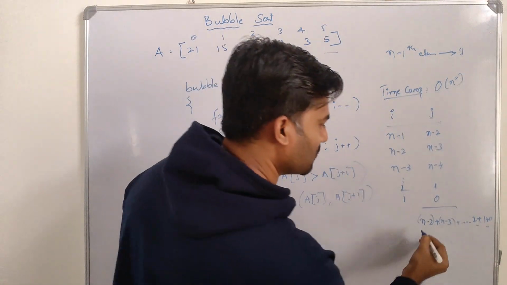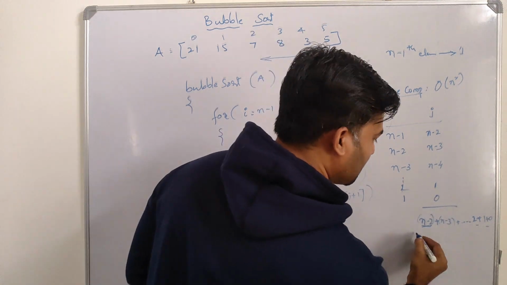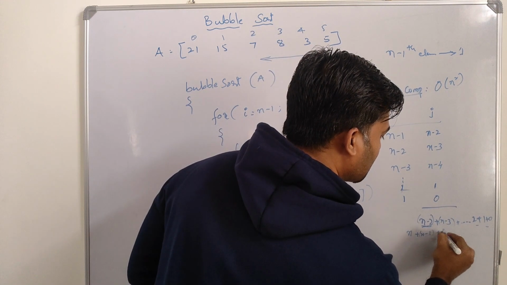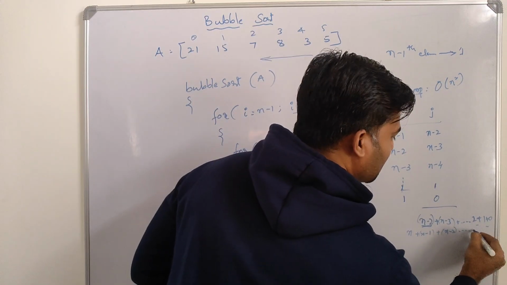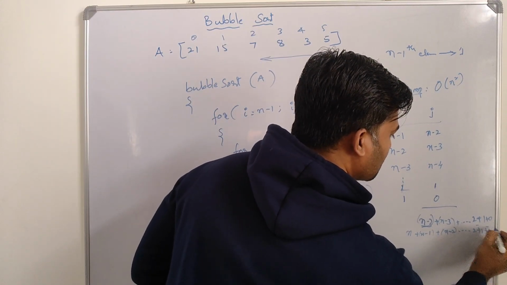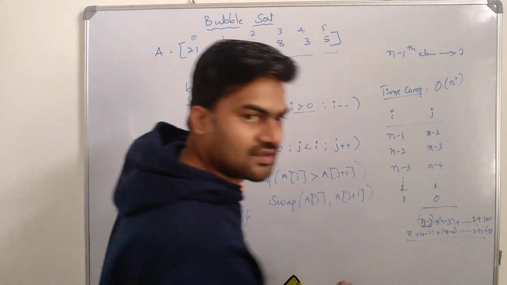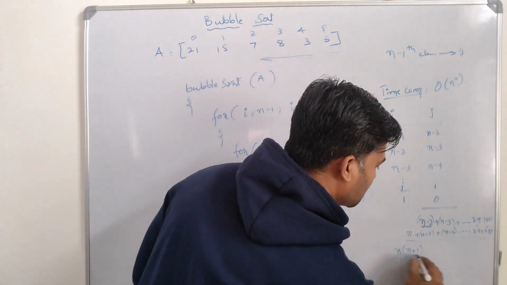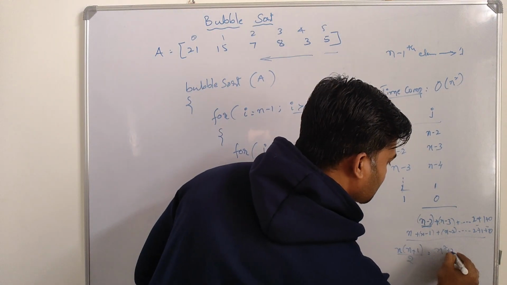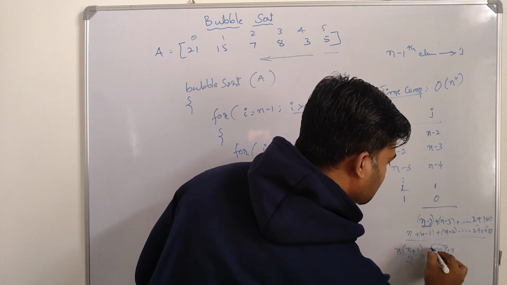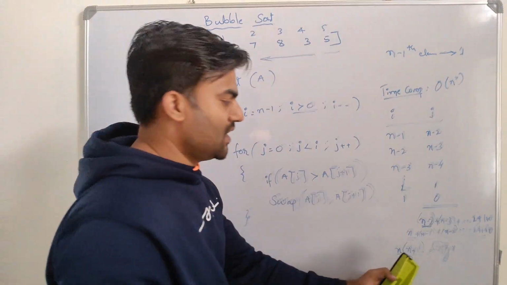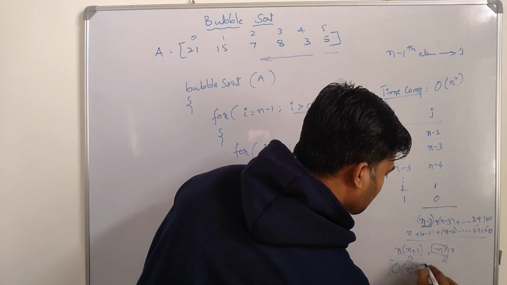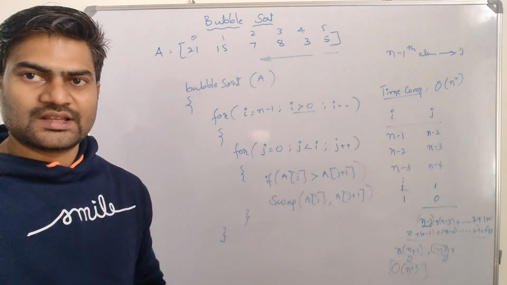Let us assume it is n, starting from n, then n minus 1, then n minus 2, for convenience. So basically this is the sum of n natural numbers, which will be n into n plus 1 divided by 2, that is equal to n square plus n divided by 2. We consider the highest degree polynomial term, so that is why it is of order n square.